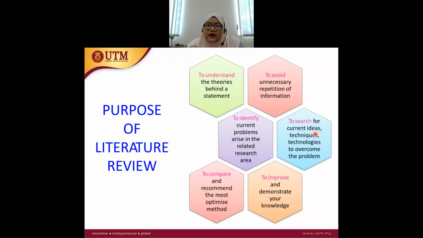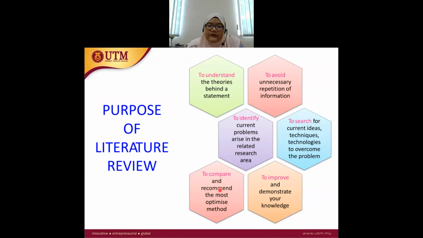Fourth, to search for current ideas, techniques, and technologies to overcome the problem. When you have found the problem, you have to search for the new or improved technique or technology to overcome the problem that you have encountered.